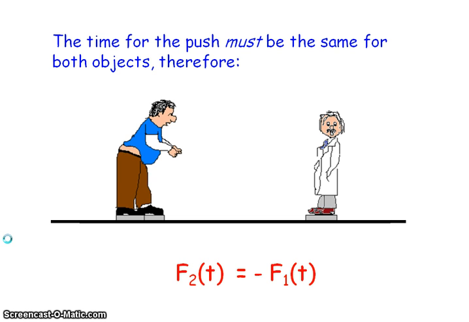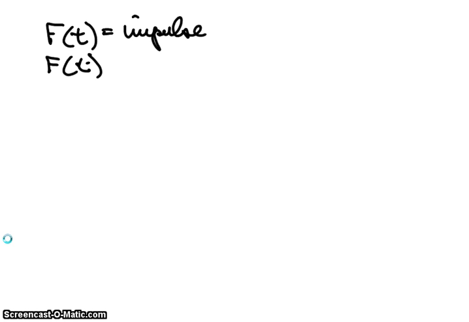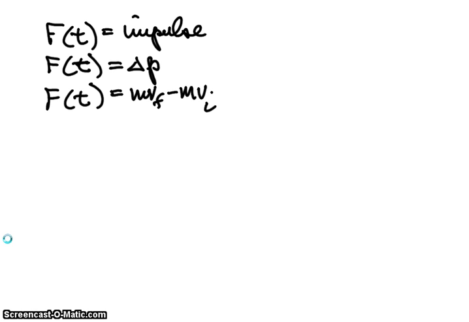But now, what can we do with that piece of information? What's the equation for impulse? Well, let's take a look at that. The equation for impulse is force times time equals impulse, and it equals the change in momentum, which in longhand would look like this: m v final minus m v initial.